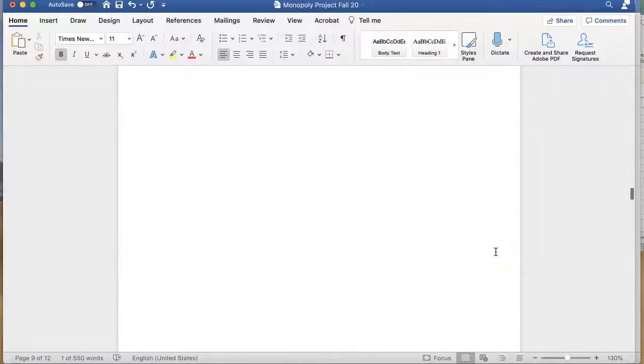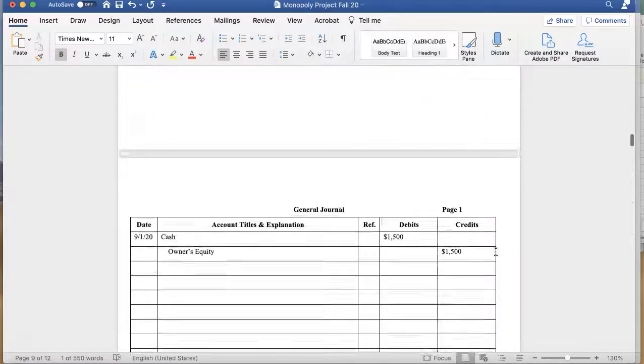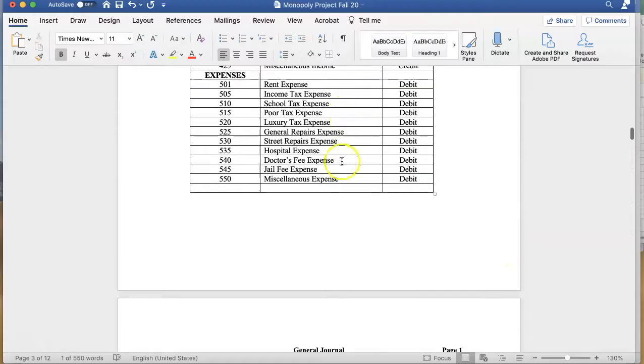Okay, and I think I only have one more that we're using. I believe that is the jail fee expense, 545.